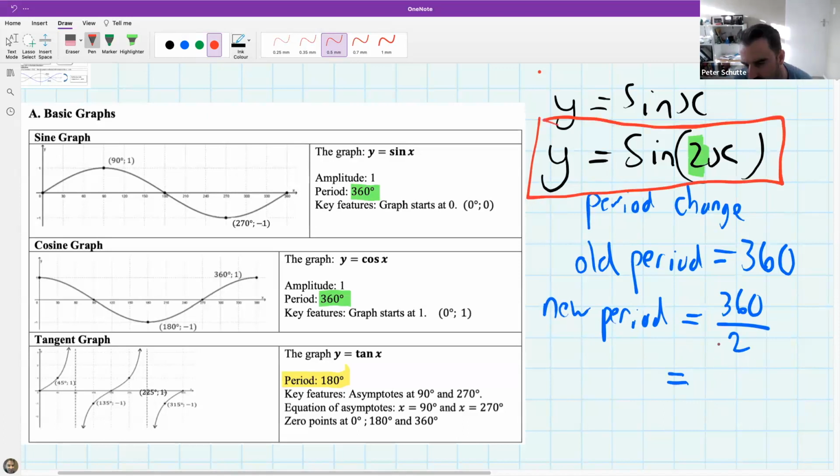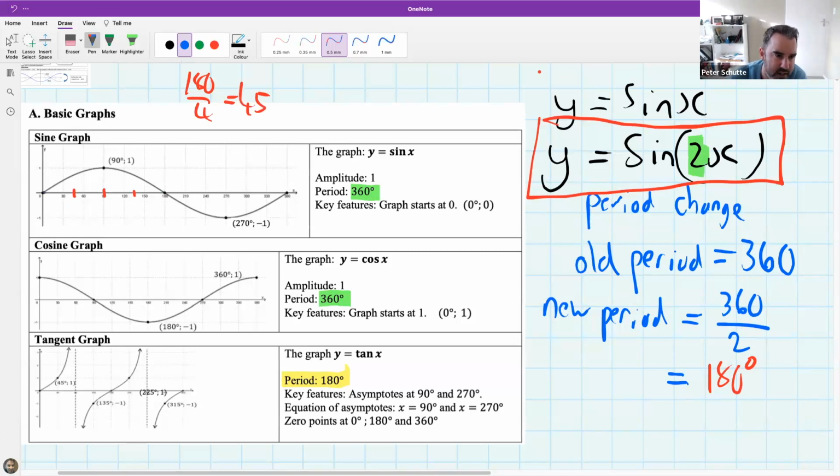So let's see what this graph would look like. Now, if the period is 180, then the quarters that I draw it in are going to be 180 divided by 4, which is 45. So actually, the important bits for drawing this graph are going to be here, here, here. So let's see what it looks like.